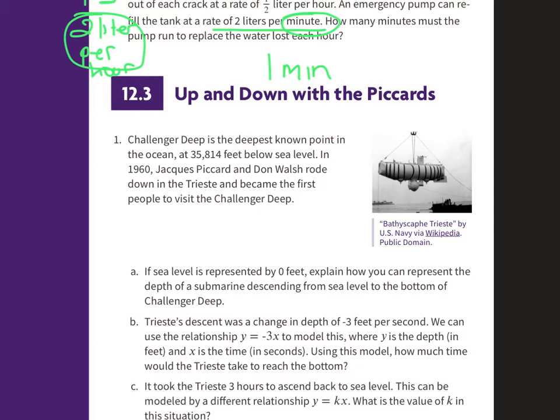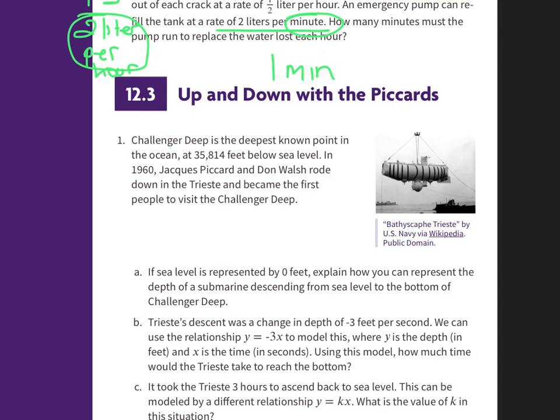So, we're going down, so it's going to be negative. So negative 35,814.